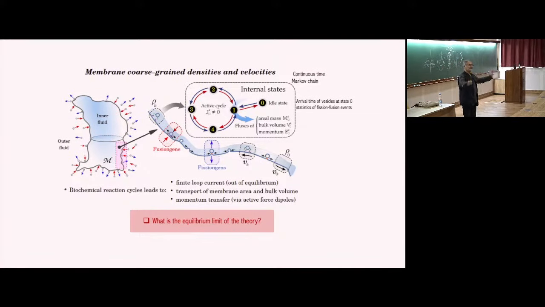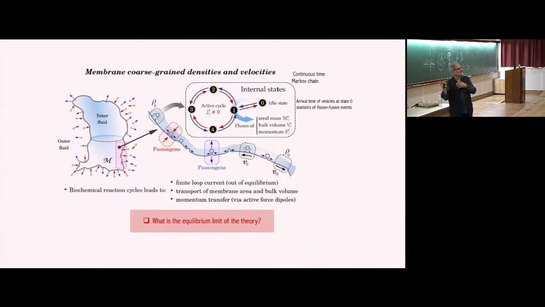Then after an hour, another vesicle leaves. The time scale between fission and fusion events is much larger than the shape and the density relaxation time. So between events, the system is relaxed back to equilibrium. Okay? So that's the other equilibrium limit.